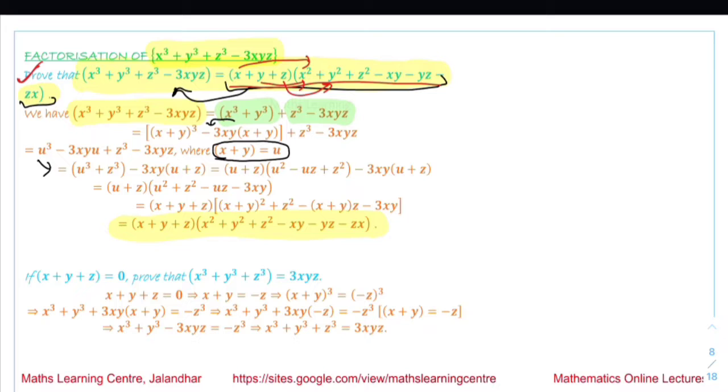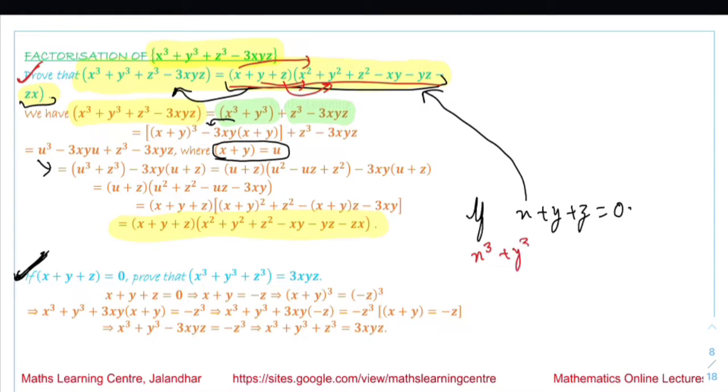Now the particular case of this formula is, we are saying if x plus y plus z is equal to 0. I am talking about this next part over here. If x plus y plus z is equal to 0, and I am substituting this value in this formula, then what will happen? We get x cube plus y cube plus z cube minus 3xyz.